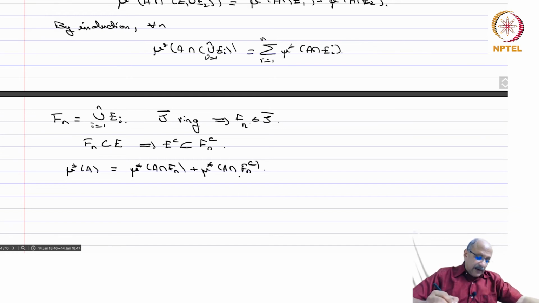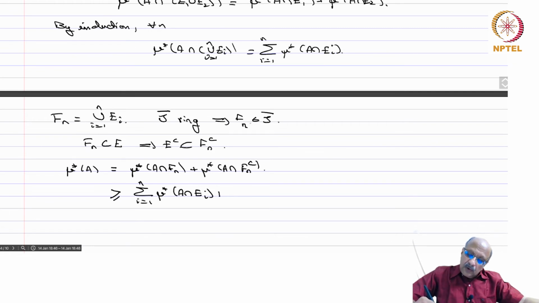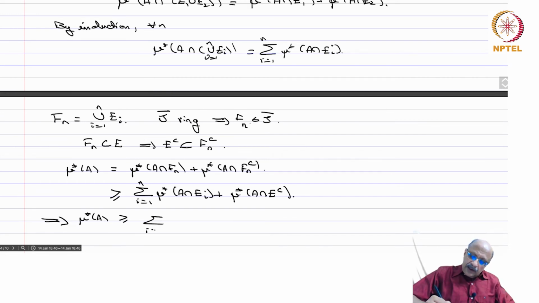And mu star of A intersection Fn, we have already seen, is sigma i equals 1 to n mu star of A intersection E_i, and Fn complement is a bigger set than E complement, mu star is monotone, so this is greater than or equal to plus mu star of A intersection E complement. Now n is arbitrary, therefore mu star of A is greater or equal to sigma i equals 1 to infinity mu star of A intersection E_i plus mu star of A intersection E complement.